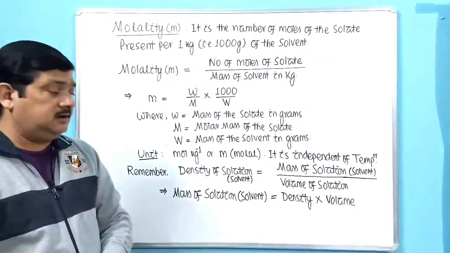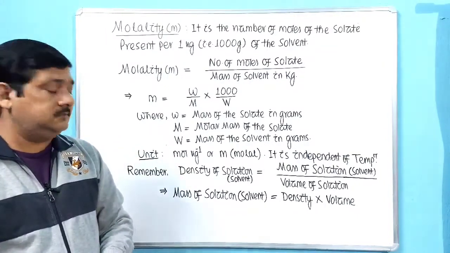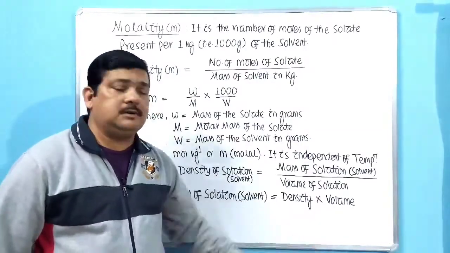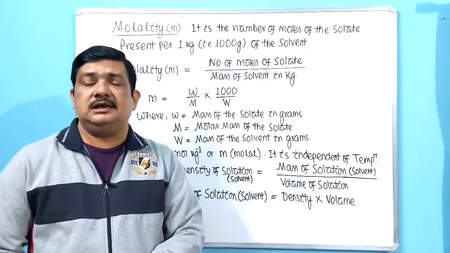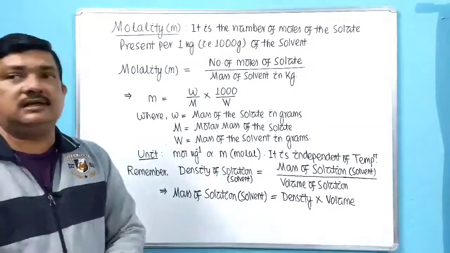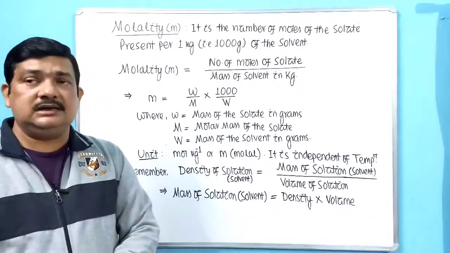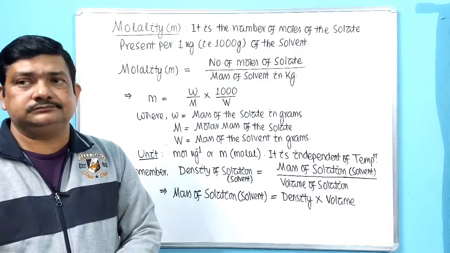So d, small d, density is equal to m by v. So what is the mass of the solution or solvent? Density into volume. In the cases where calculation of mass is required, you can find the mass by multiplying density into the given volume. So next we will discuss the final one, the relationship between molarity and molality.